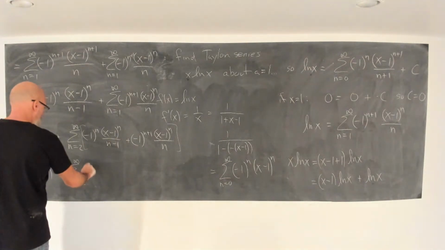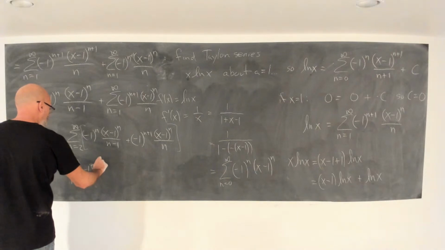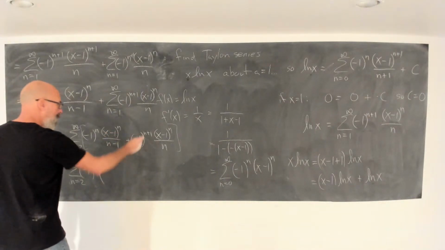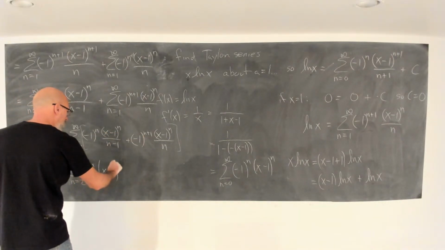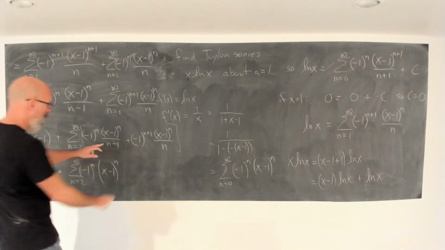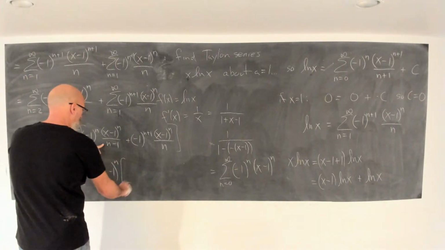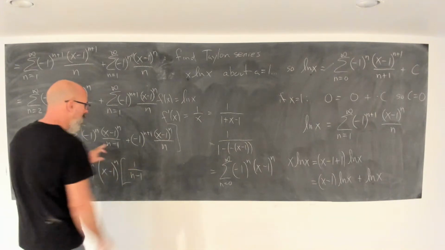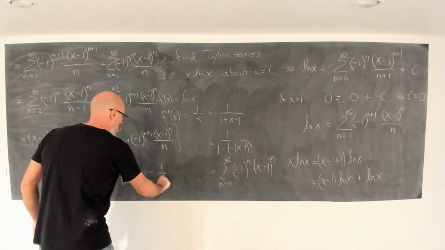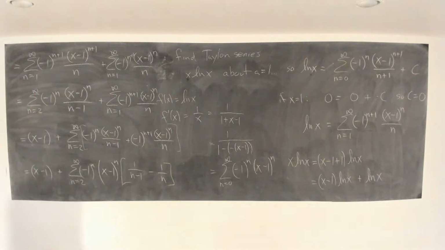Let me pull out a negative 1 to the n, maybe an x minus 1 to the n as well, leaving us with 1 over n minus 1 minus 1 over n, and we're almost done.